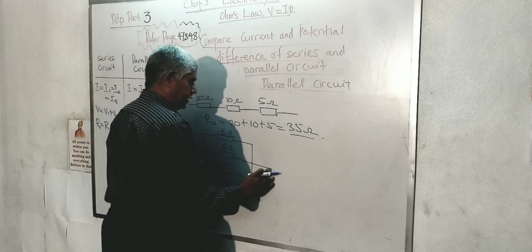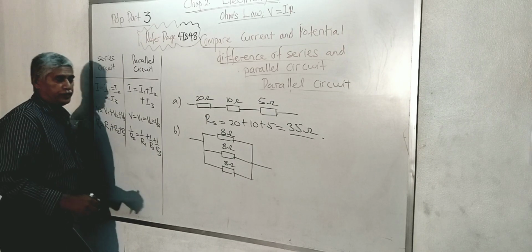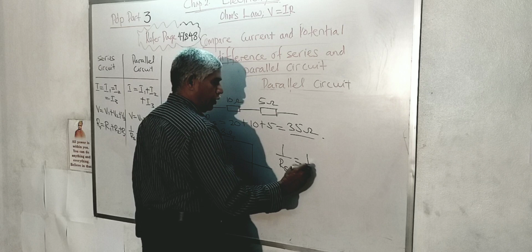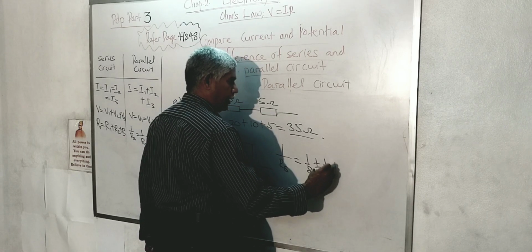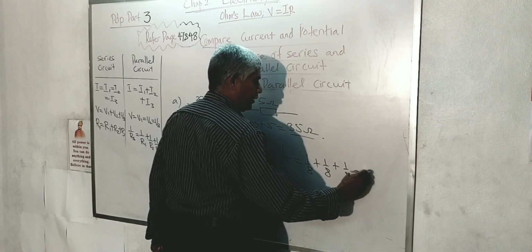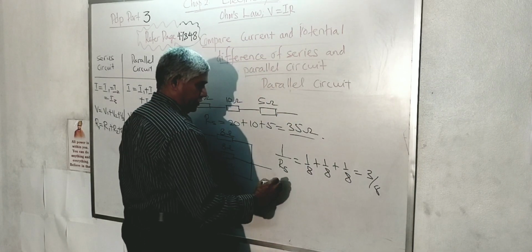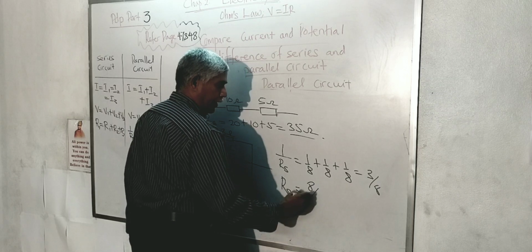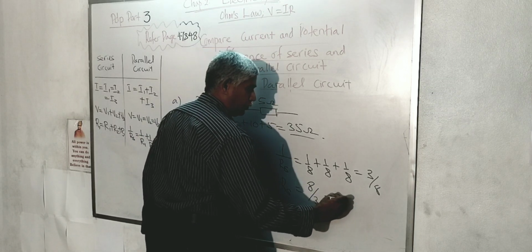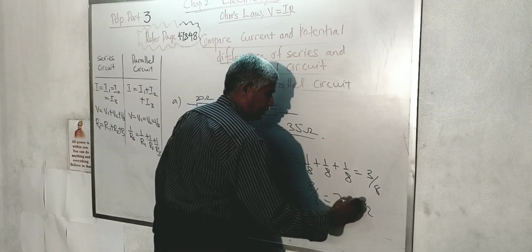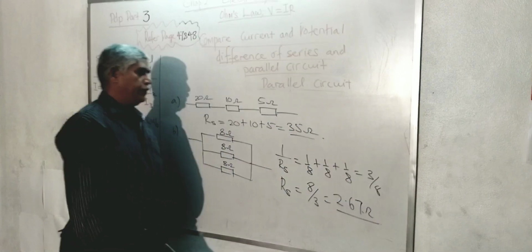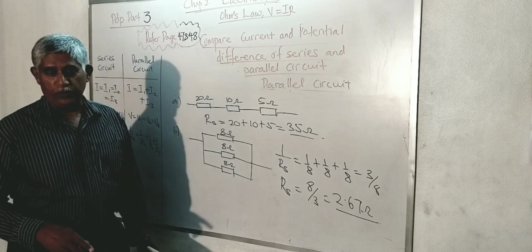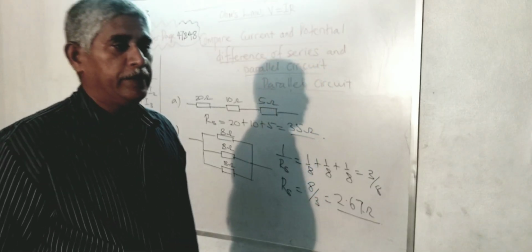So for the total resistance, we apply the parallel formula, that is 1 over Rp is equal to 1 over 8 plus 1 over 8 plus 1 over 8, which gives 3 over 8. But we want to find the total resistance Rp, so therefore it is 8 over 3, which will give you 2.67. Okay, we can work it out on your calculator. So this is the answer for A and B, and now we are going into question C.